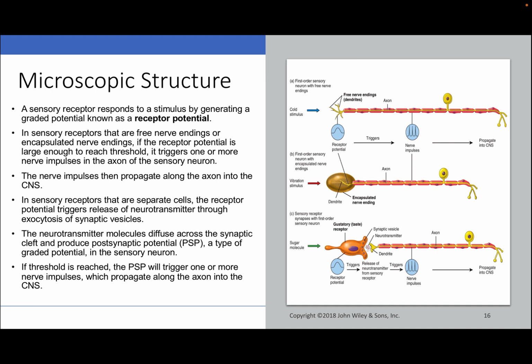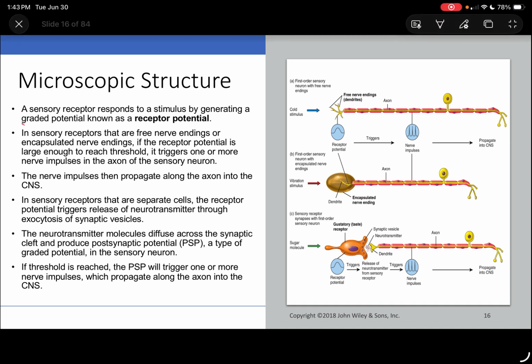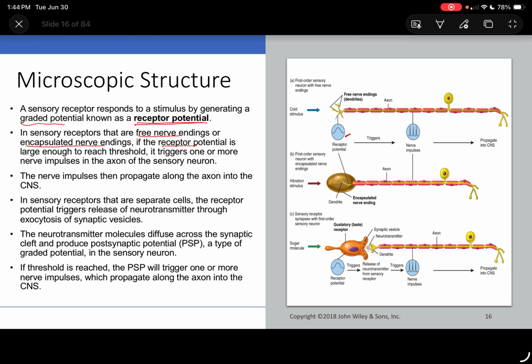So a sensory receptor is going to respond to a stimulus by generating a graded potential, and this graded potential is known as a receptor potential. In sensory receptors that are free nerve endings or encapsulated nerve endings, if that receptor potential is big enough to reach the threshold, then we're going to spark up our action potential.